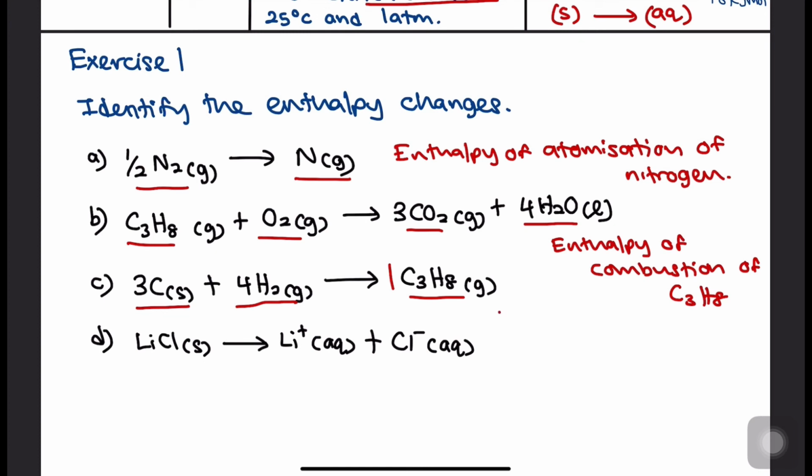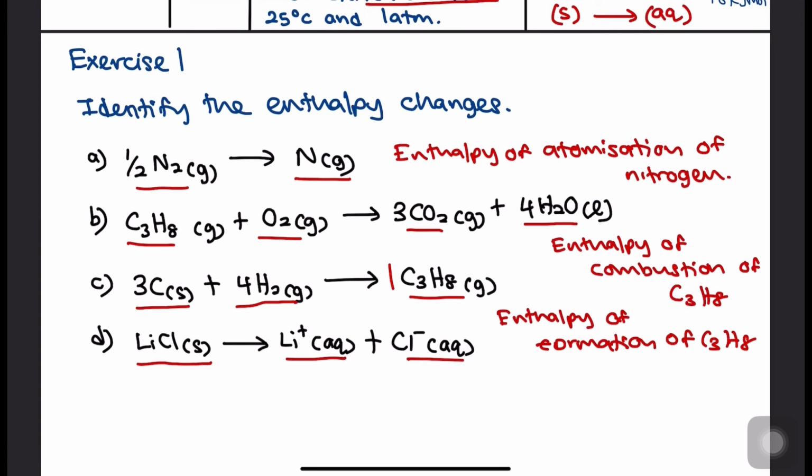So this is definitely the enthalpy of formation of C3H8. Lastly, the equation shows an ionic compound in solid state being converted into its respective ions in aqueous state. So this must be the enthalpy of solution, or you can even say dissolution of lithium chloride.